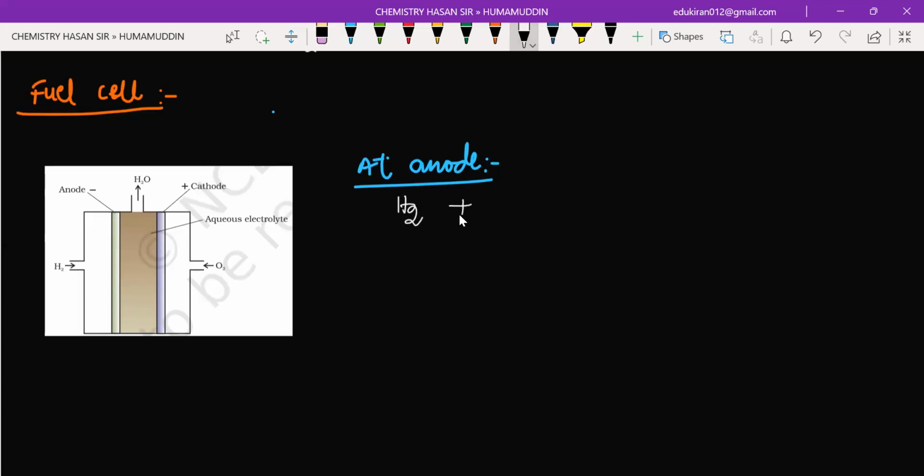This hydrogen will combine with 2 moles of OH minus to give you 4H2O plus 4 electrons. The electrolyte that is present is basic, that is NaOH.